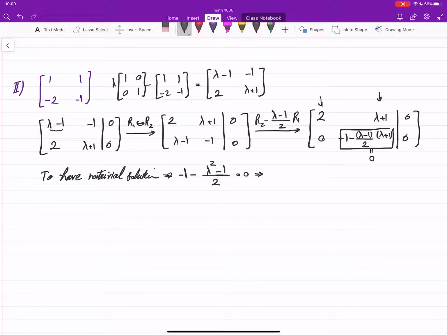What we have here is that minus lambda squared plus 1 minus 2 needs to be equal to 0, and that means lambda squared needs to be equal to negative 1, or lambda squared plus 1 needs to be equal to 0.